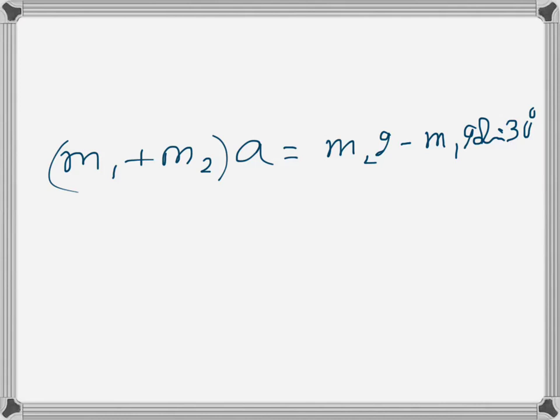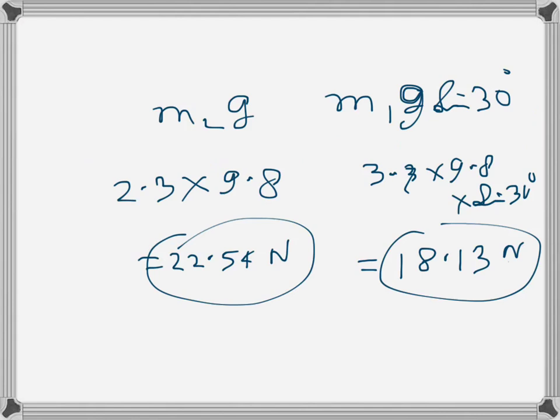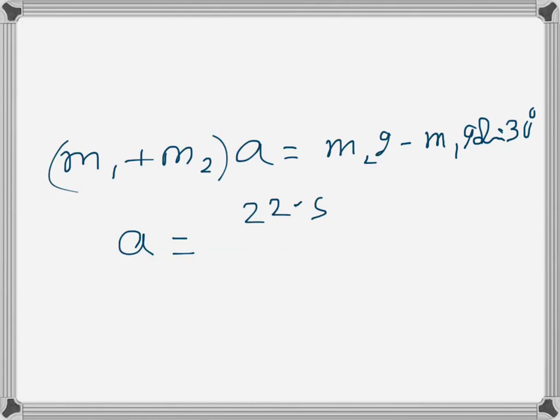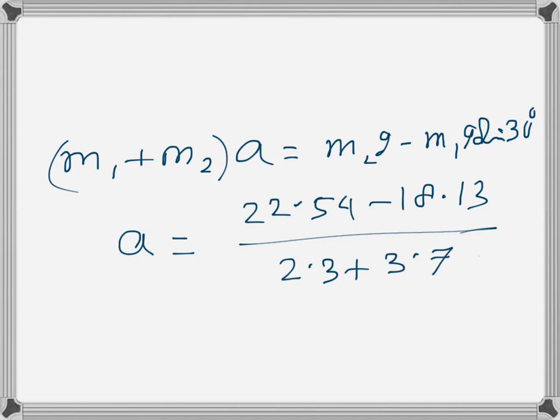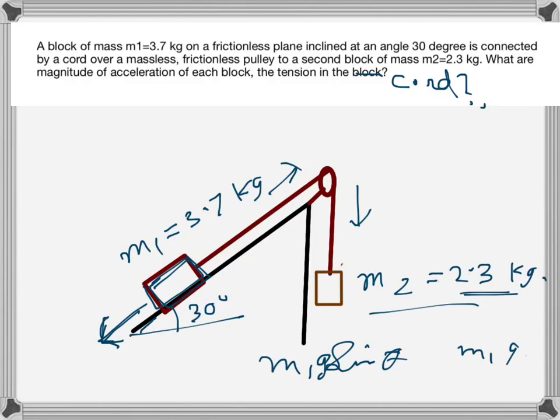So we get a to be 22.54 minus 18.13, divided by 2.3 plus 3.7, so we get acceleration to be 0.735 meters per second squared, and the direction is of course downwards, not upwards. So that's the direction, and the tension in the cord is what we need to find next.